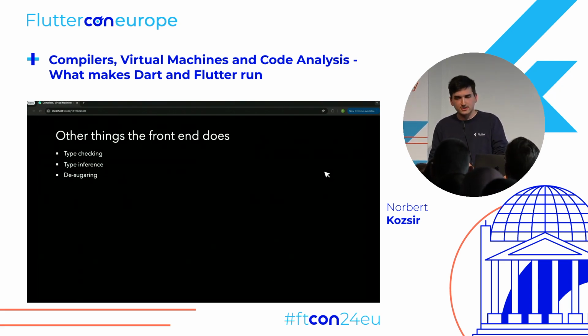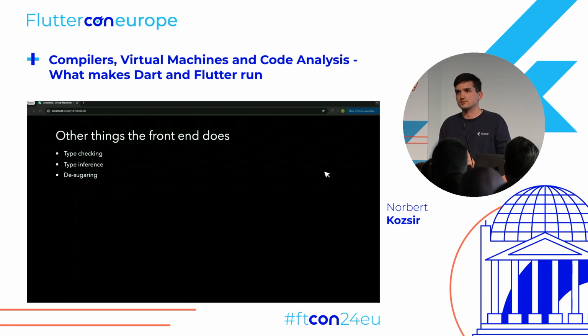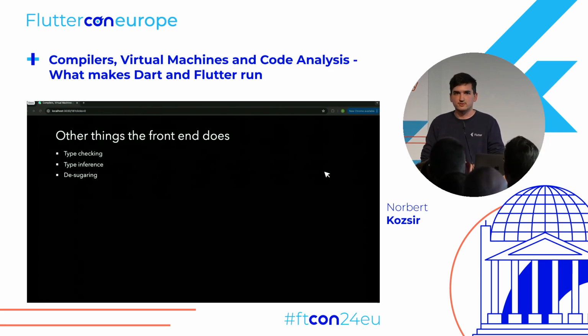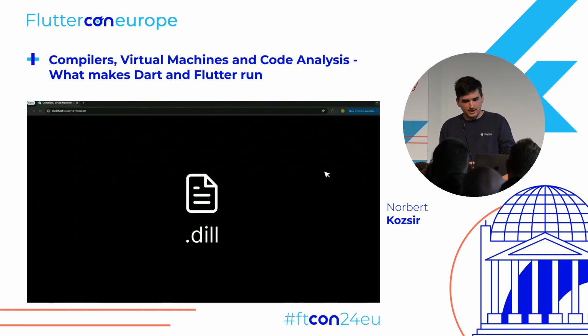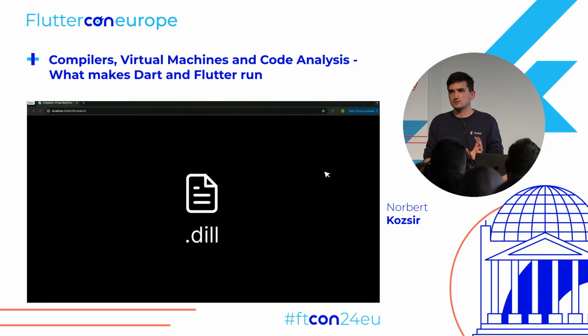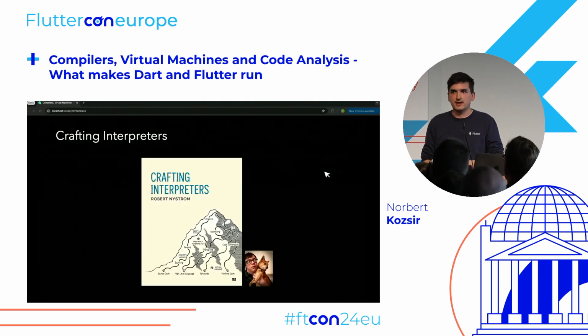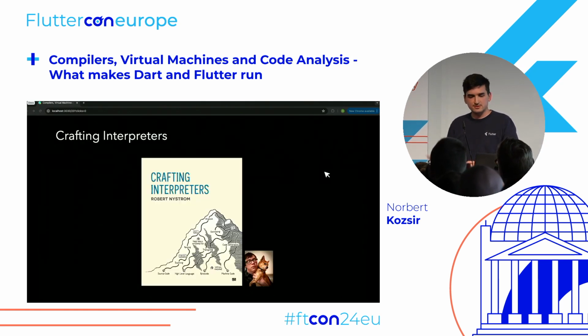And it does a bit of desugaring, where it makes the language simpler to work with in subsequent steps. So the backend doesn't have to implement every single language specification because they have been simplified to something else. The result of all of this is the kernel file, which is the thing that glues together the front and backend.